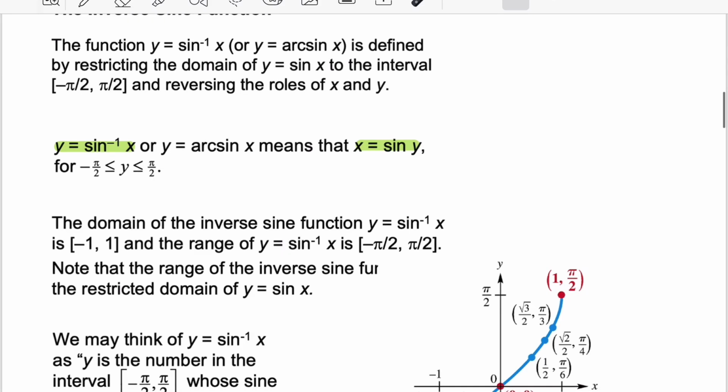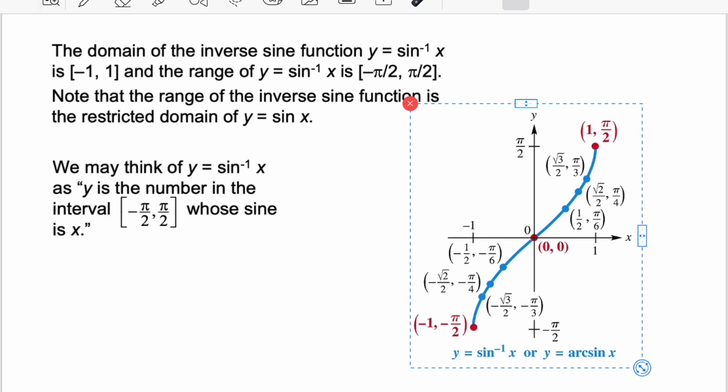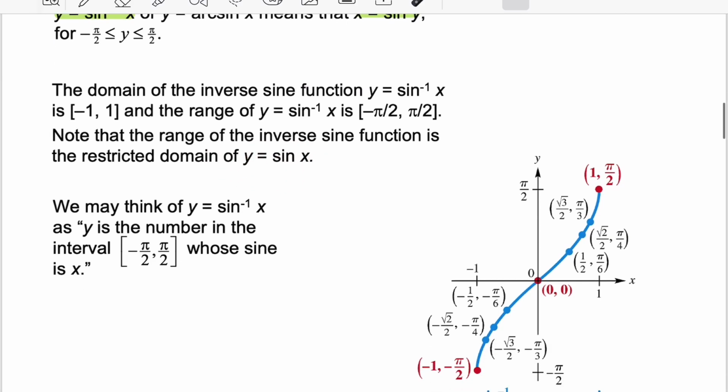Now, the domain of the inverse sine function is going to be this guy here, and the range of this guy is going to be this here. Now the range of the inverse sine function is going to be the restricted domain of the sine function. That's one of the properties that we saw at the beginning of this video for our inverse functions. So here is the graph of our inverse sine function, or arcsine. These guys are used interchangeably.